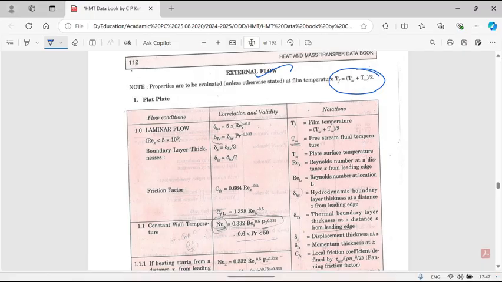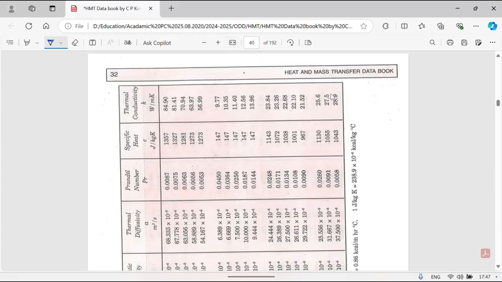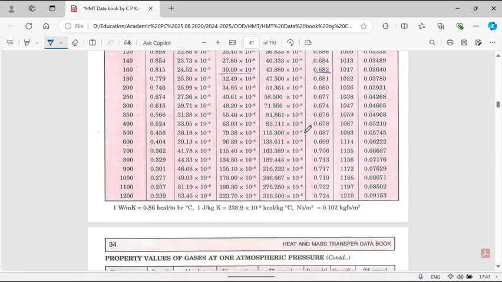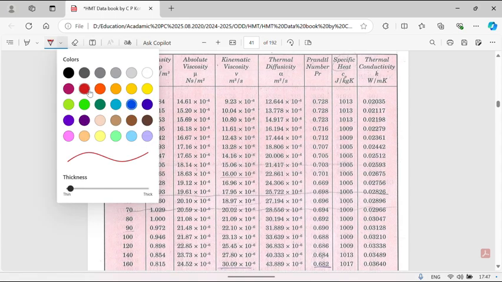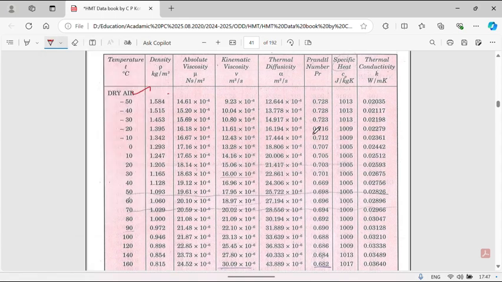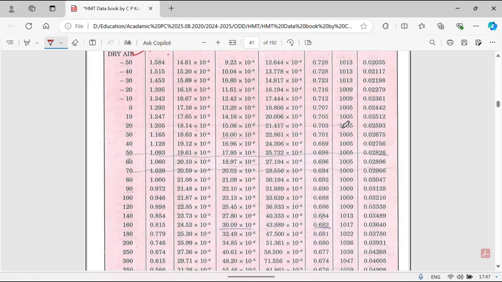Again, we will move to page number 40. Here the air is blowing, so we consider dry air. Here you need the properties at 75 degrees Celsius. But in the table, 70 and 80 are given, so we need to calculate 75.